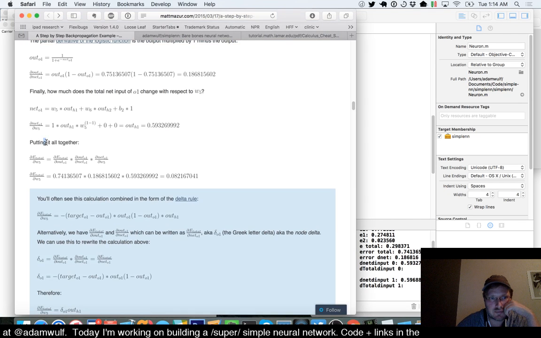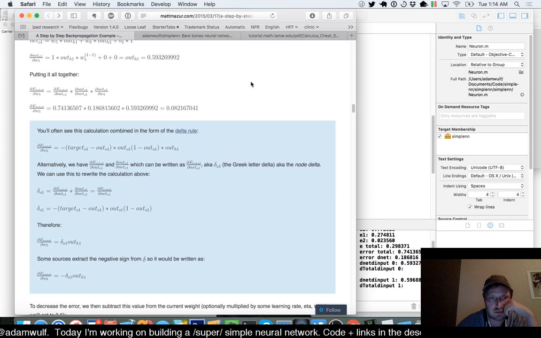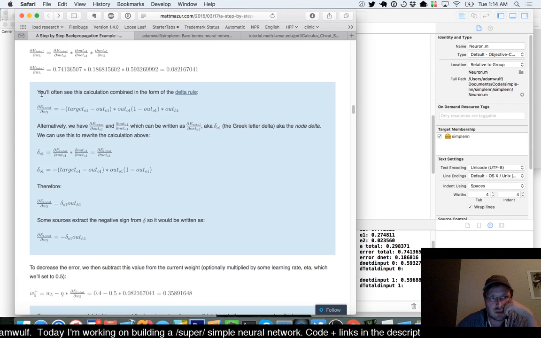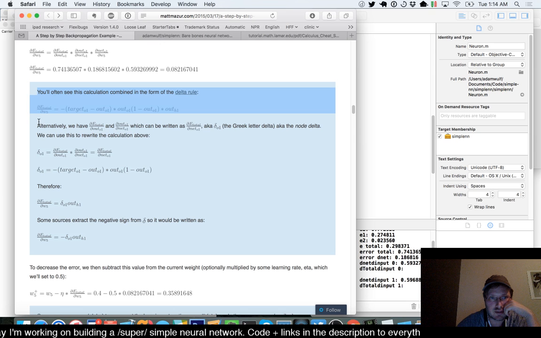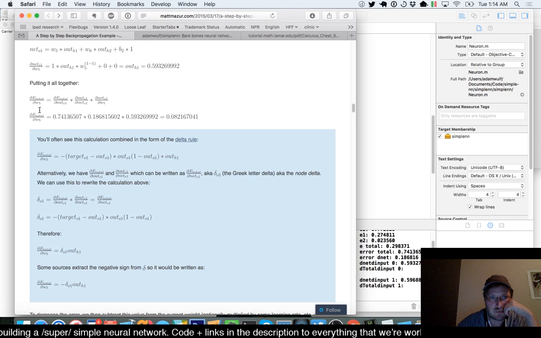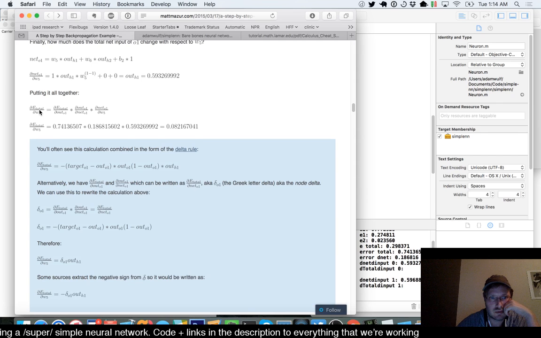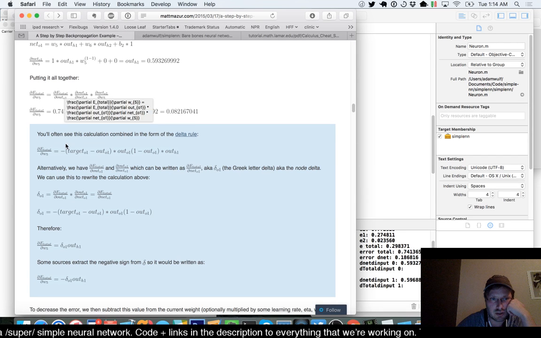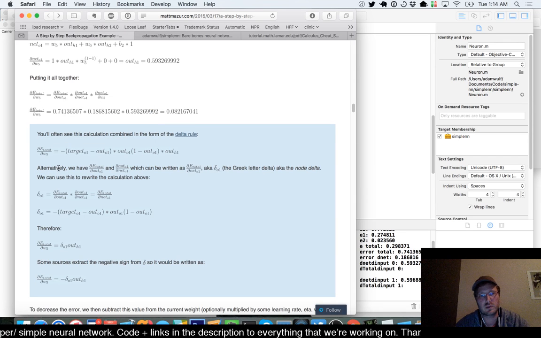So now we have all of that. You also see this calculation combined in the form of the delta rule. So d total, yep, so they just smashed it all into one formula. That's fine. Alternatively, we have the first two. I almost wish you would color code these, right? Because that'd be really handy for me. The node delta.